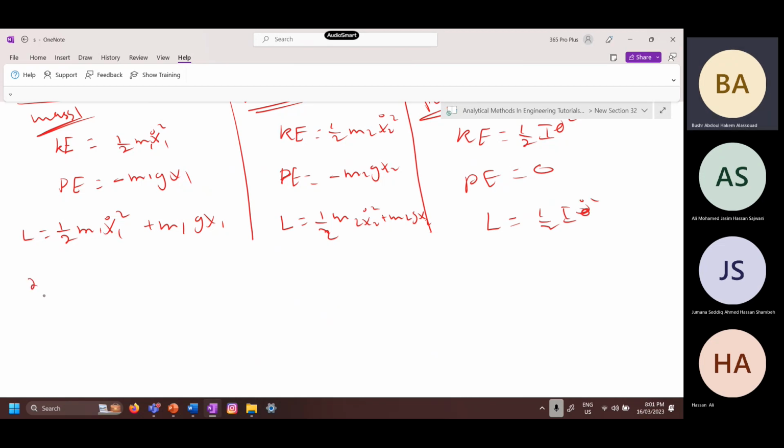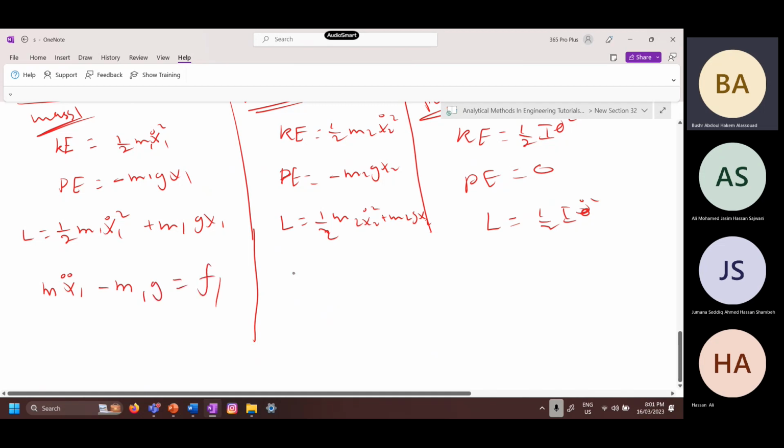Find the mechanical module: partial L over partial x, and d over dt of partial L over partial x dot. This will give you simply the following: m1 x1 double dot minus m1 g equals f1.